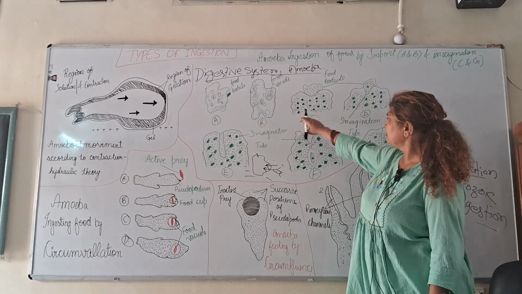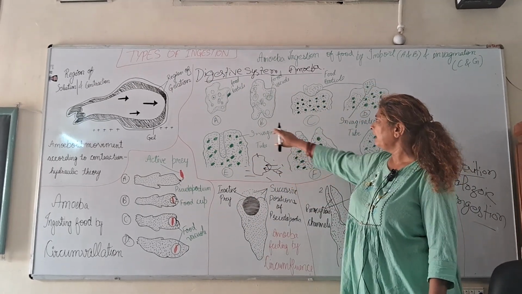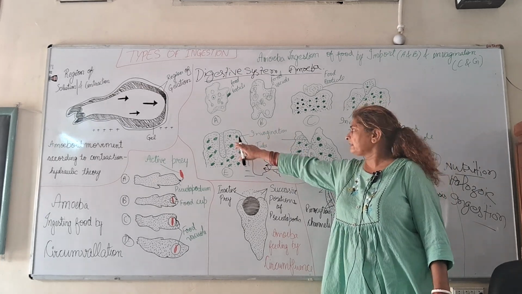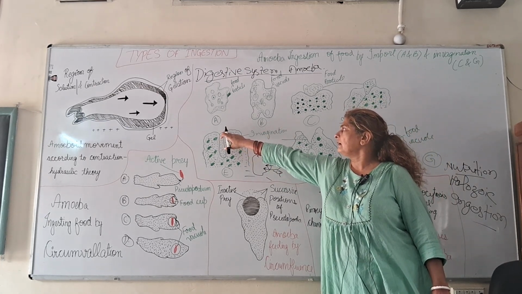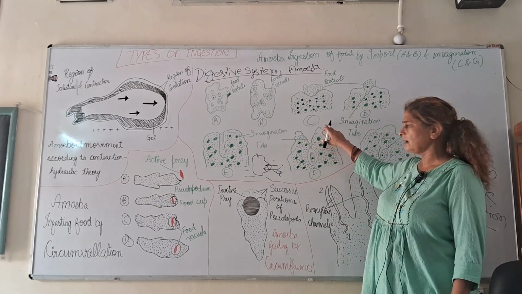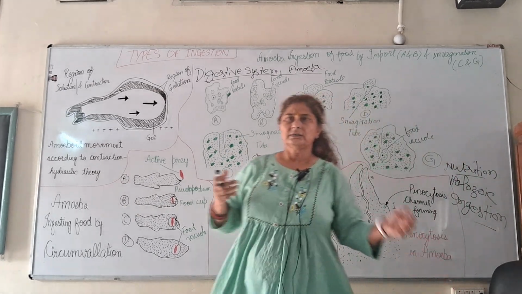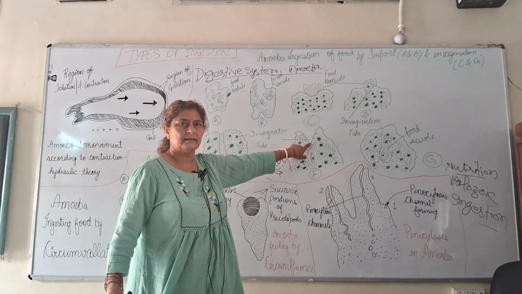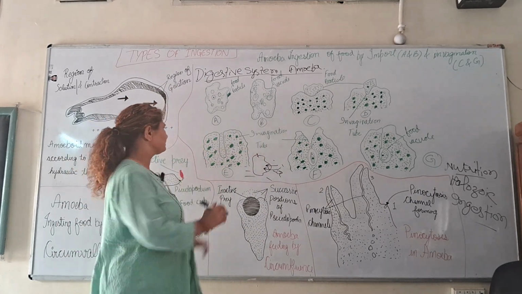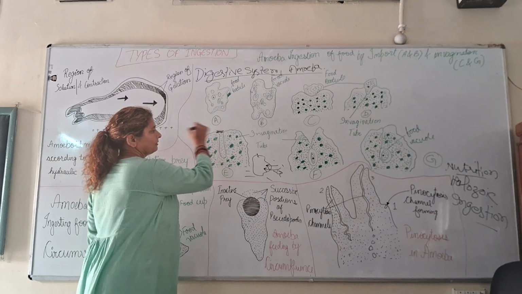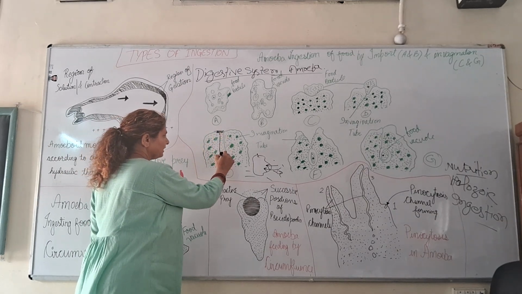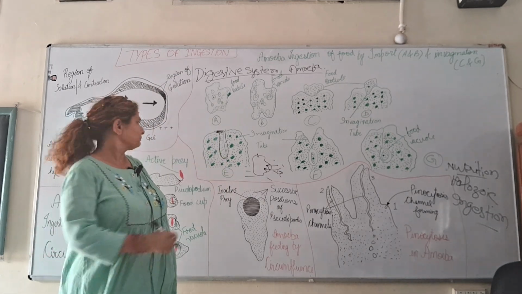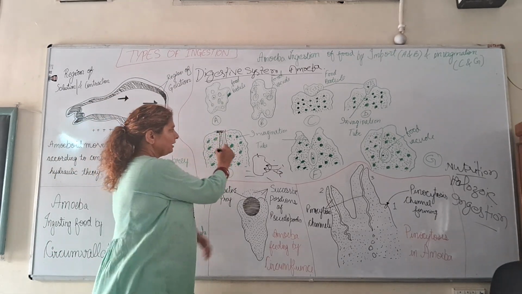Secondly, this is the second method, invagination. Where the food touches the body, there starts the formation of a tube, the membrane goes inside. Here the food touches it. At that place, this tube-like structure is formed and this food goes inside.